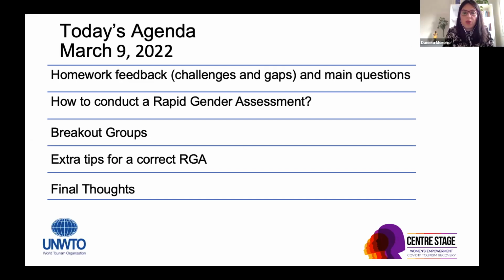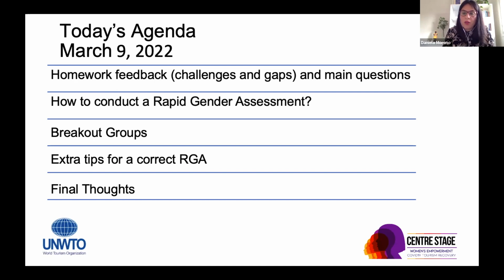We are going to answer this question: how to conduct a rapid gender assessment. Today, we are going to learn the matrix 2. Then I'm going to create 2 groups, because we are going to put matrix number 2 into practice. I really want to help you maximize the benefit of your rapid gender assessment through this matrix.